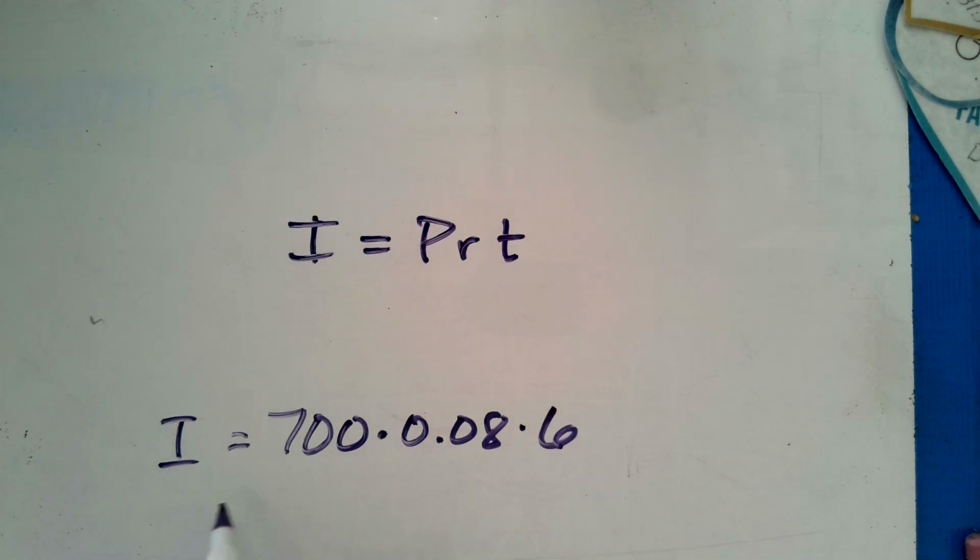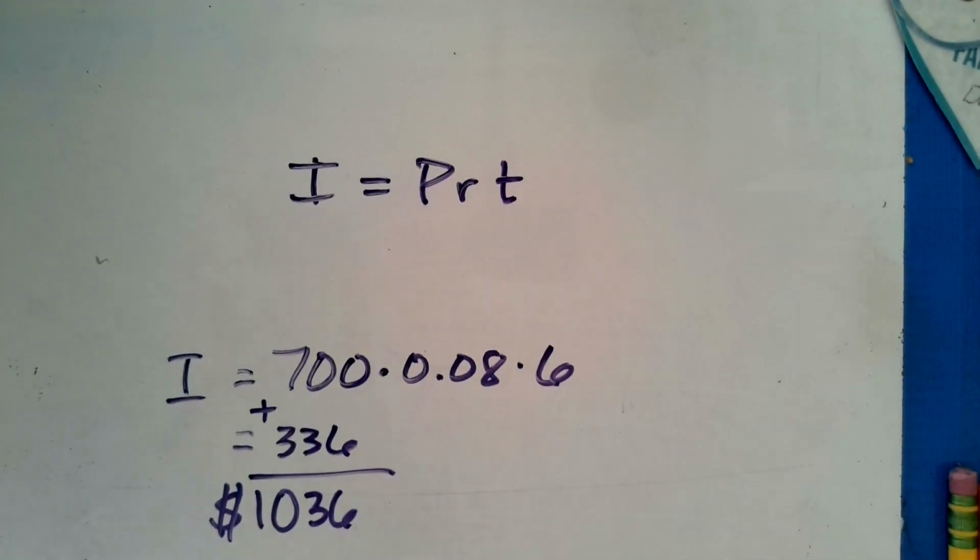So we're going to find our simple interest and add it to the original 700. So our interest after 6 years would be $336. Now, if we were to add it to the original 700, we would find that that would be $1,036. That's a pretty good rate of return. Whoops, and there you go.